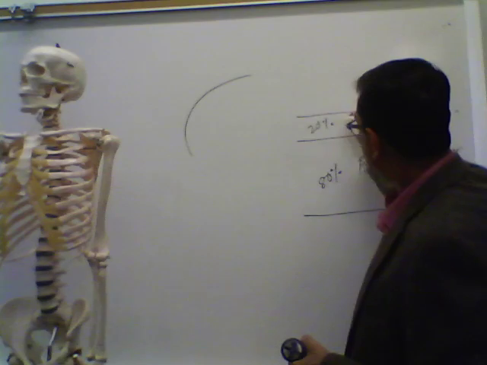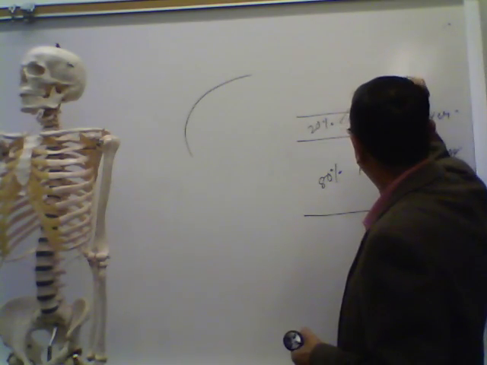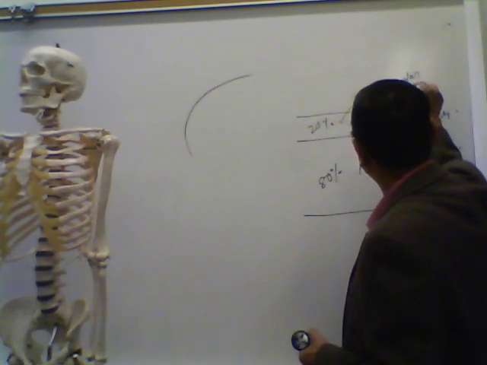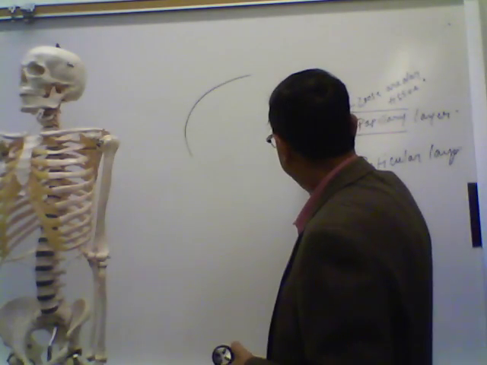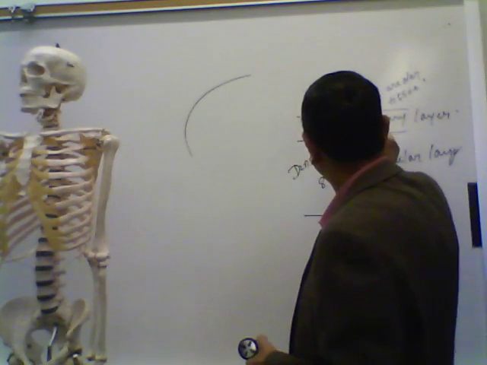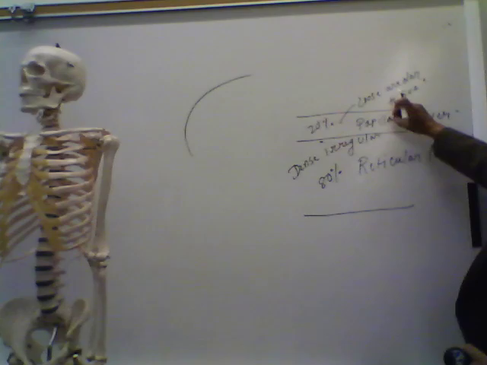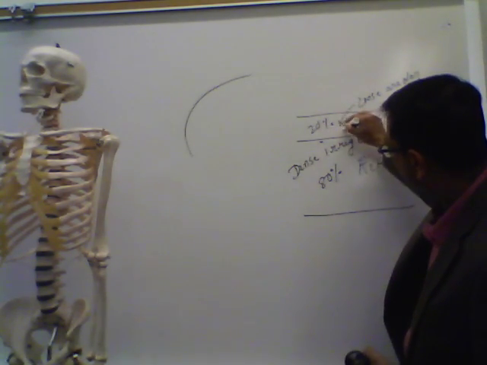Now, this is loose areolar, loose type, you know that, areolar connective tissue. And this is dense irregular. Remember, dense irregular. Now, you know that loose connective tissue is loose, so inflammation or damage can occur easily in this layer.